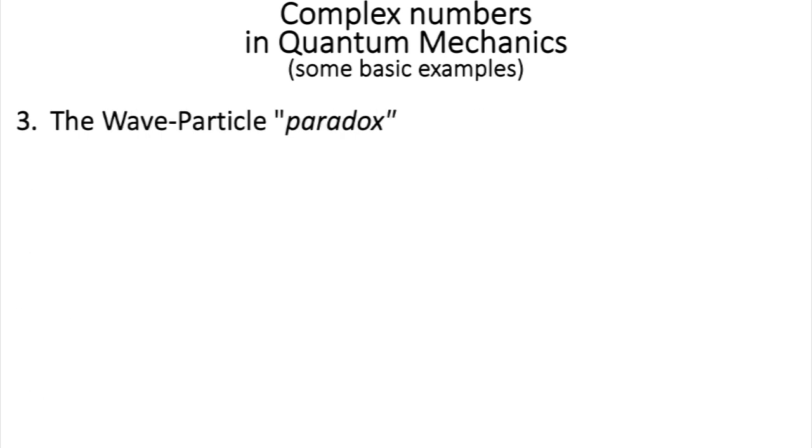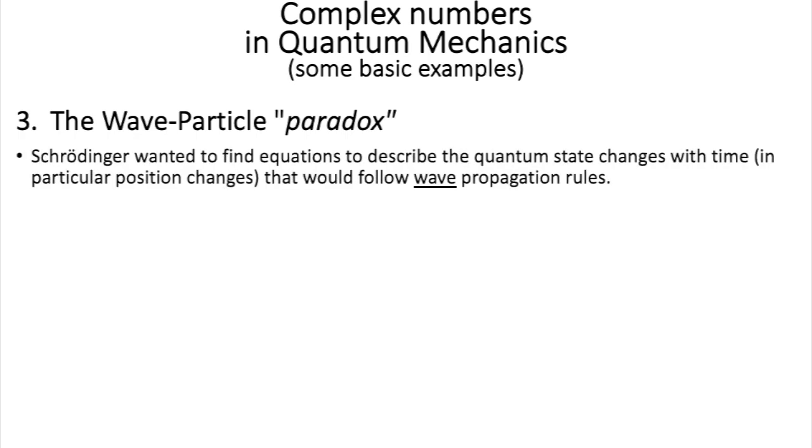Now, the third example is linked to the wave-particle paradox. Experiments showed that light, for example, could sometimes be interpreted as particles and sometimes as waves. And this guy, Schrödinger, wanted to find equations to describe the quantum state changes over time, and that would follow wave propagation rules.